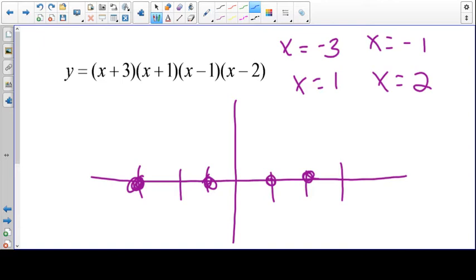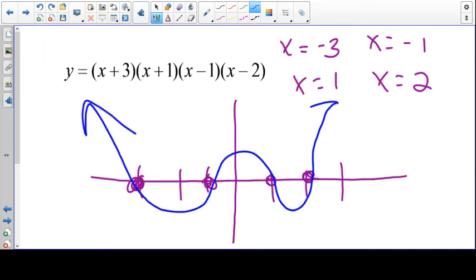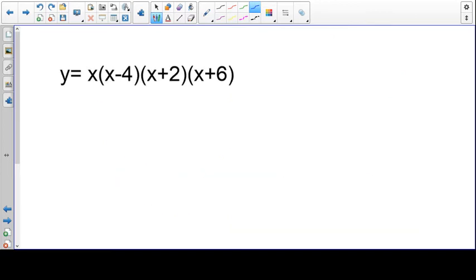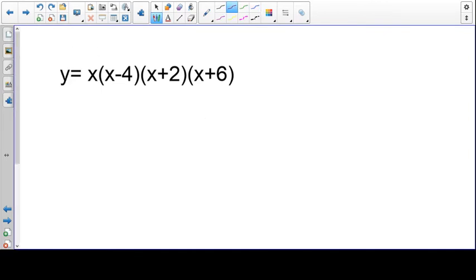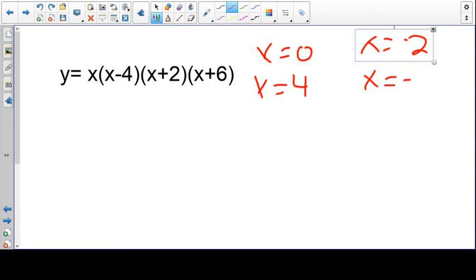So your graph should kind of look like a W. I think this is the last one. Yes, this is the last one. Okay, so in this last one, we're going to have x is 0 again, x is 4, x is -2, and x is -6.